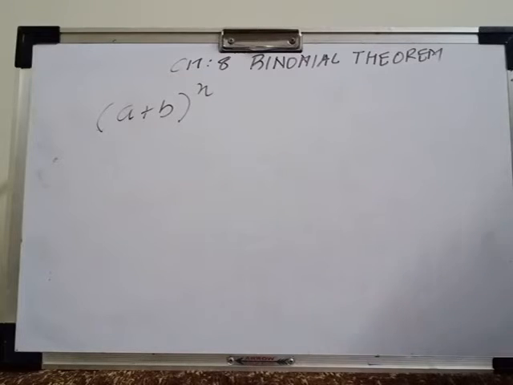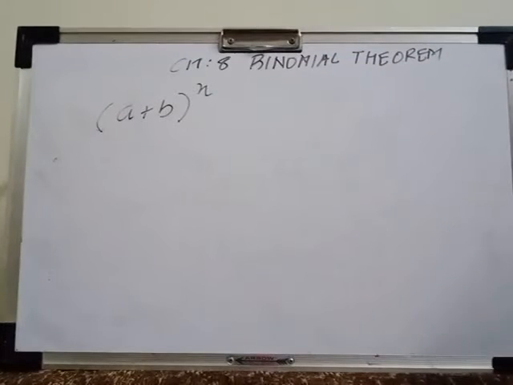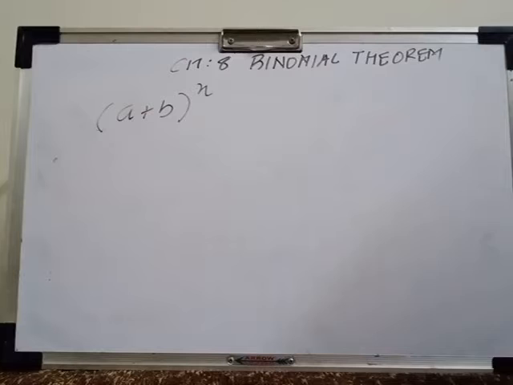So if I want the 19th or 18th term, then I won't expand the whole thing using binomial theorem and count it. At that time we'll use the general term formula.